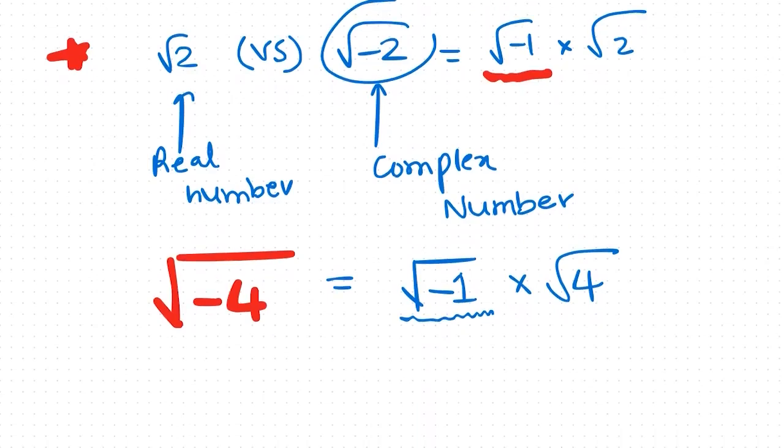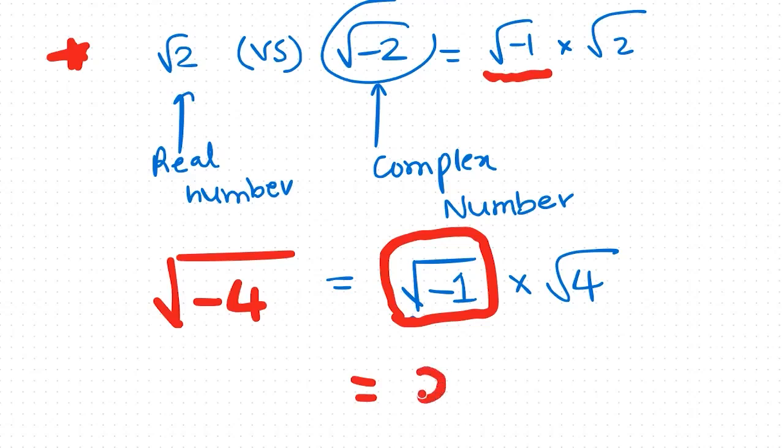You might have already come across this. What do we call this? Iota. And root 4 means 2, the square root of 4 is 2. So this value is 2 times iota.